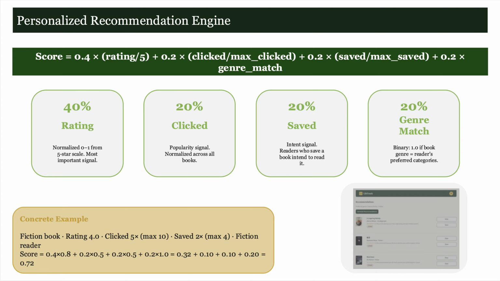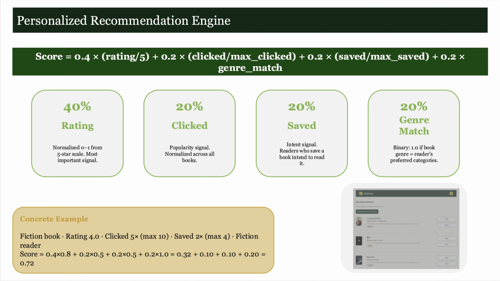Finally, on the next slide, we explain our personalized recommendation engine. The score combines four signals: average rating, click popularity, saved-book intent, and whether the book's genre matches the reader's preferred categories. Rating has the highest weight at 40% because it reflects book quality.